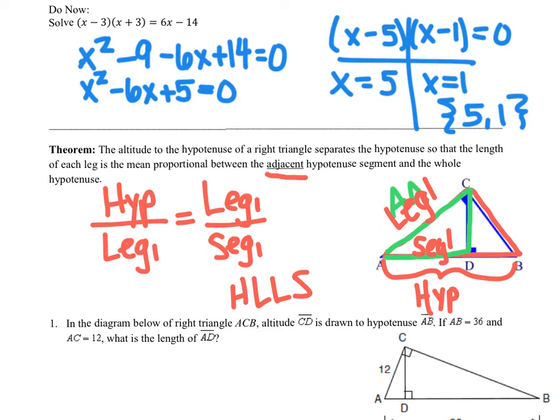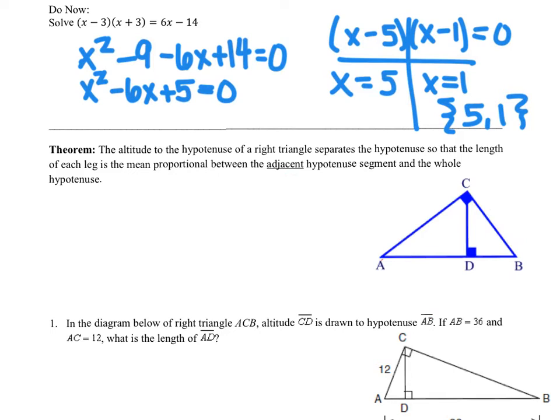This proportion also works for the other triangle in the diagram. Let's take a look at that. Since triangle CDB and triangle ACB are also similar, we'll be able to set up a proportion using their corresponding sides.